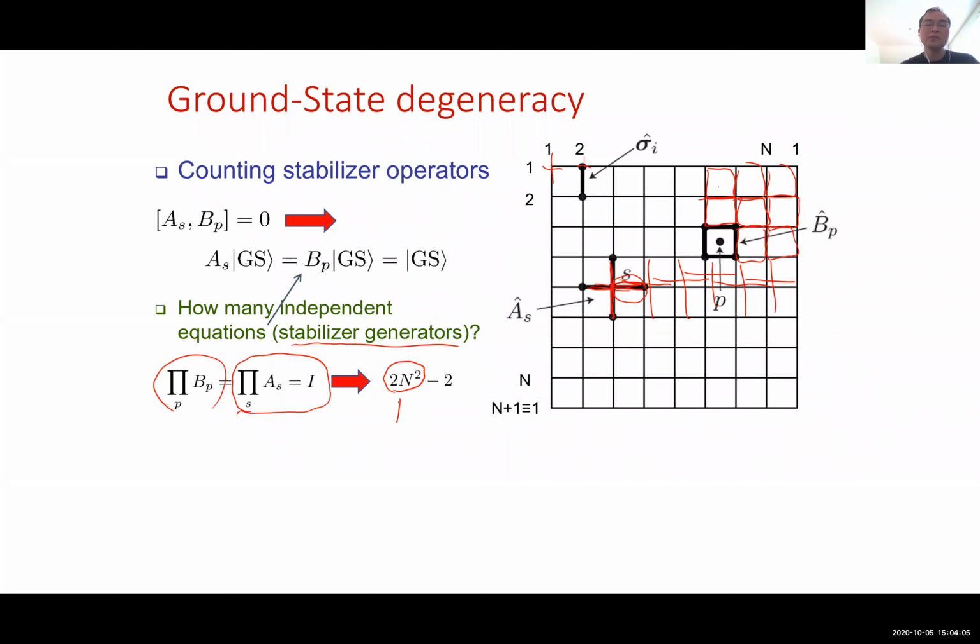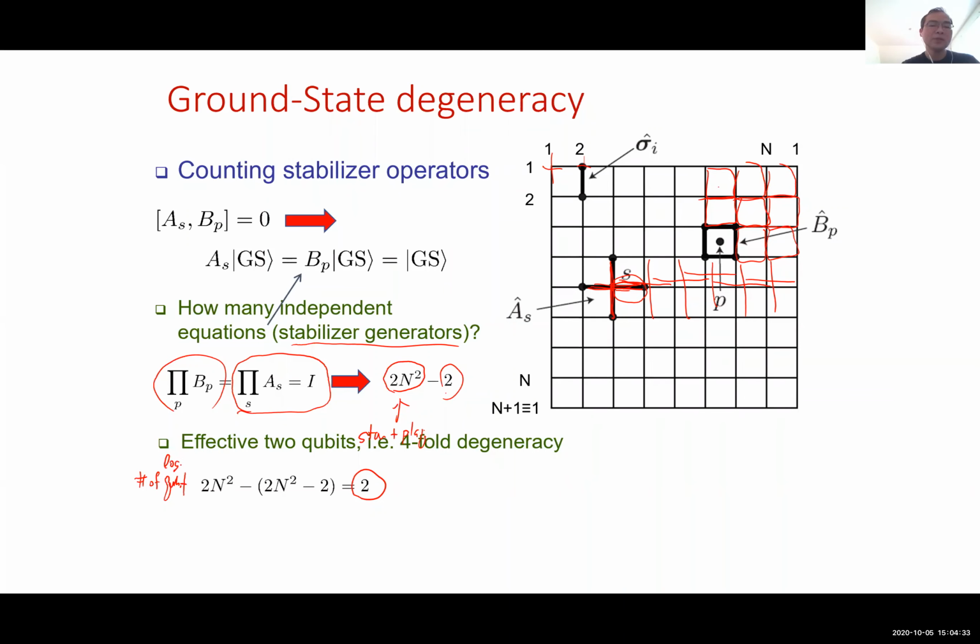Previously we have star plus pocket operators, 2n squared of them, with two constraints. And the number of qubits is 2n squared, so there is actually 4-fold degeneracy. The number of logical qubits equals the physical qubits subtracted by the number of generators.